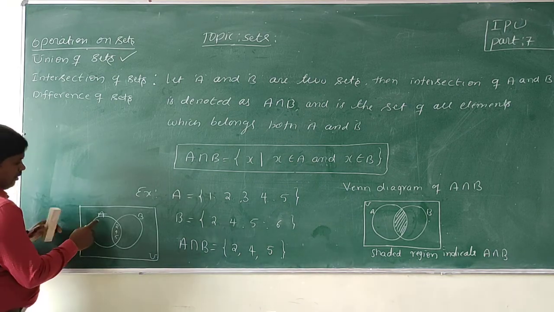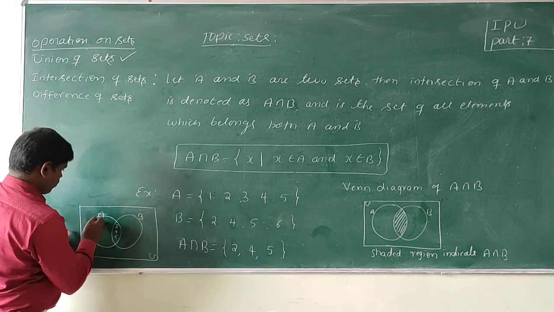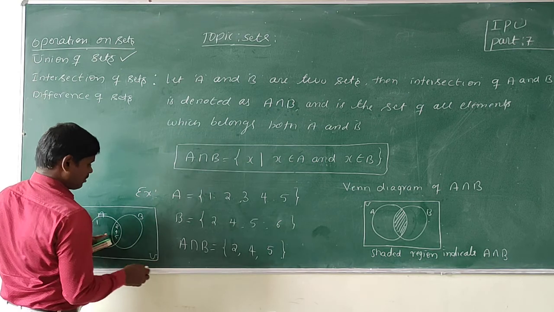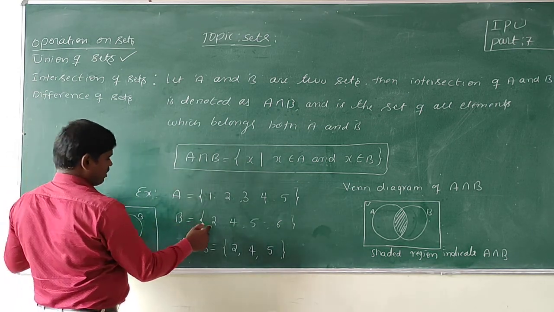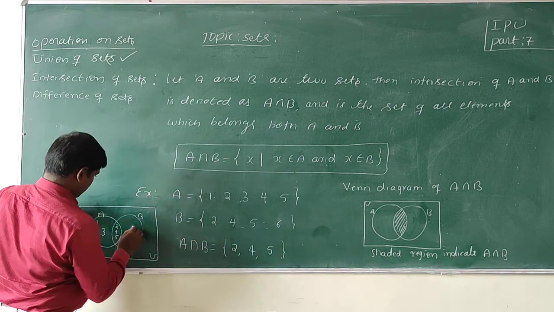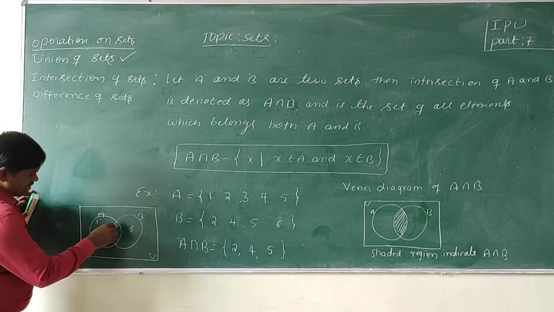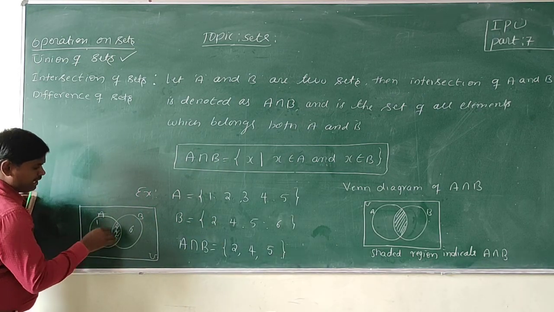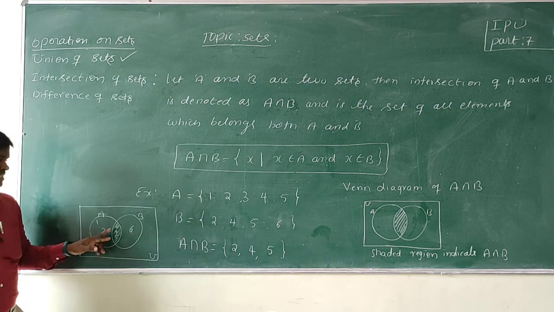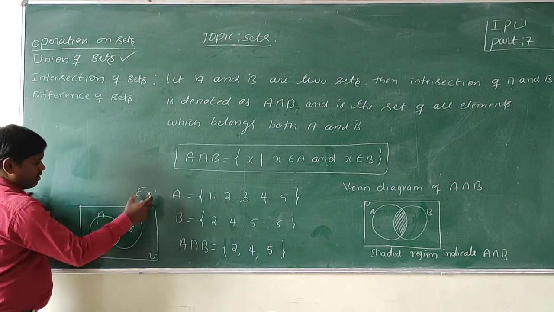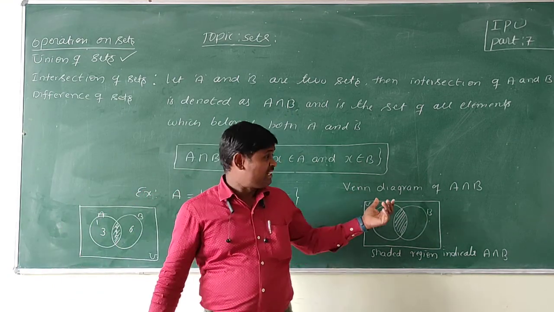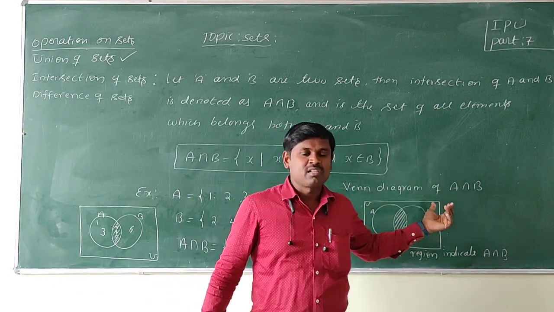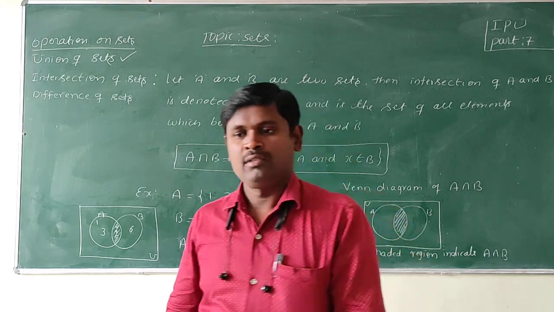The remaining elements of set A are 1 and 3. The element of set B only is 6. So this region indicates the A intersection B of this problem. This is the general representation of A intersection B. Okay, write it down.